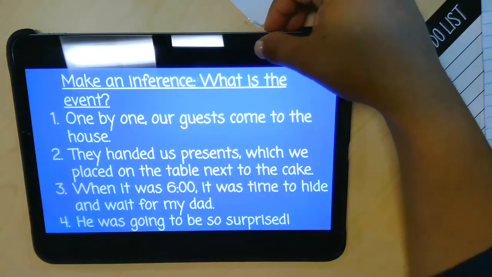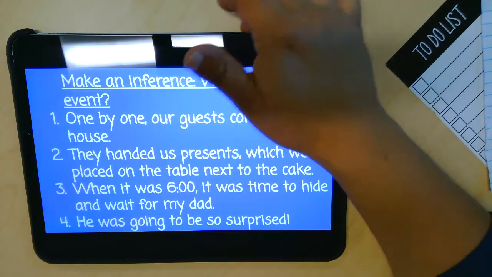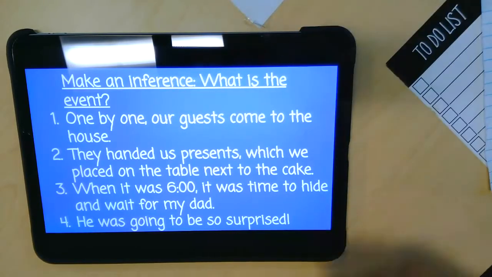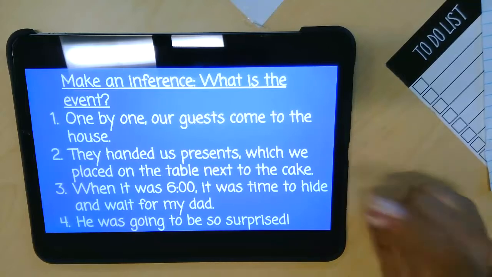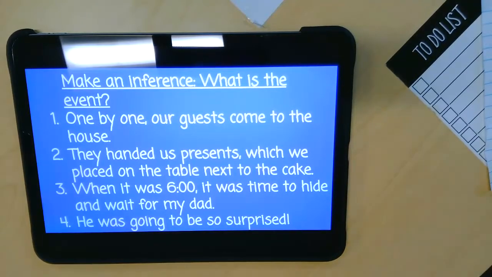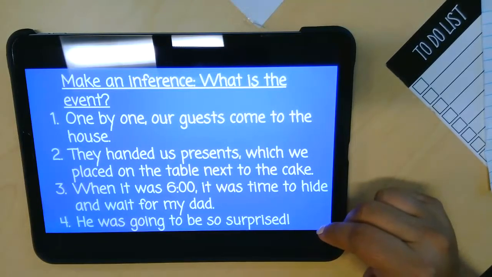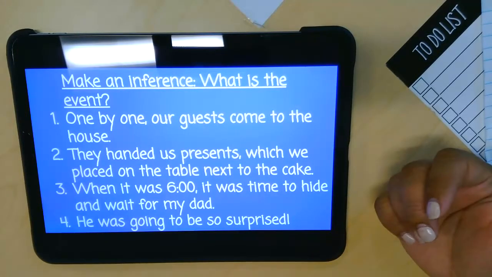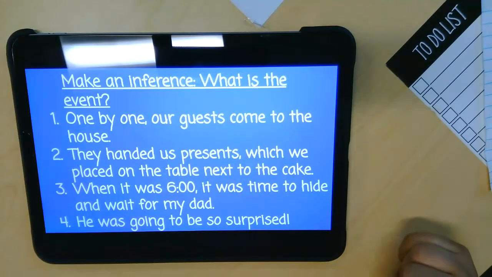Okay, so you're going to say, I infer that the event is, okay, and you would state your inference. So make sure with this one, don't just say what day it could be. Say what type of event, okay? What is the type of event that people would do all of these things, okay?